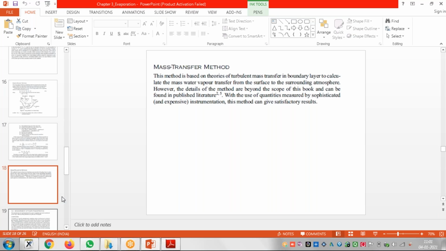Next is the mass transfer method. The mass transfer method is based on the theory of turbulent mass transfer in the boundary layer, to calculate the mass of water vapor transfer from the surface to the surrounding atmosphere. Suppose this is one water body, some of the mass will be transferred in the form of evaporation, and here it will be in the atmosphere.